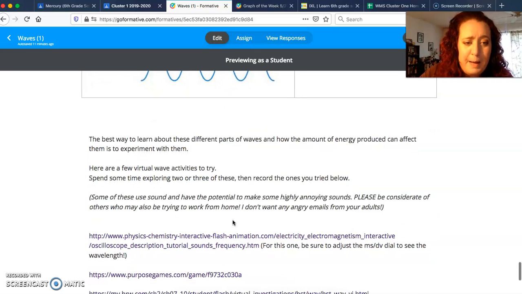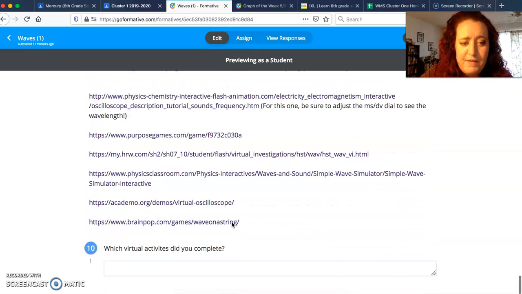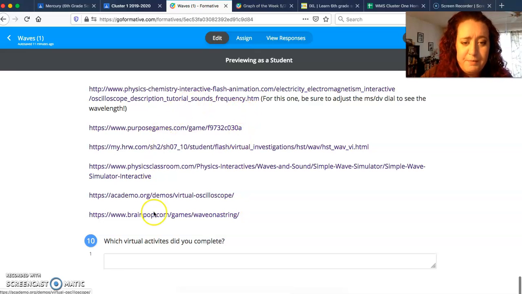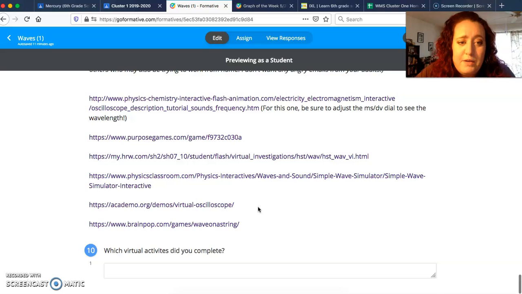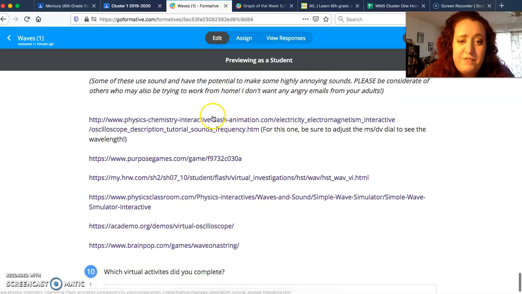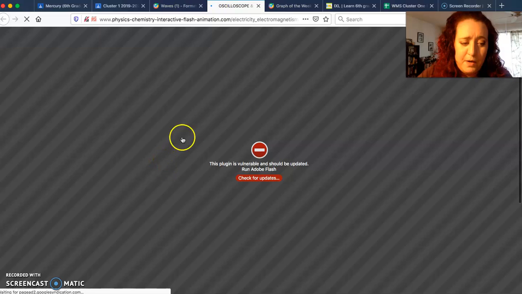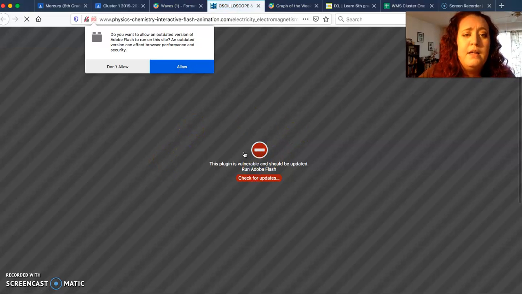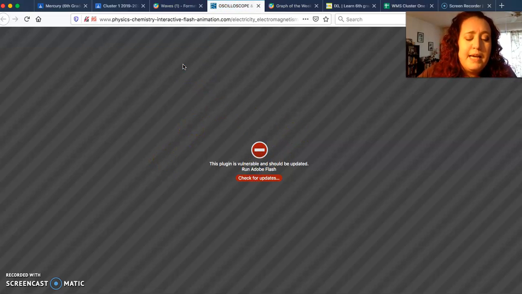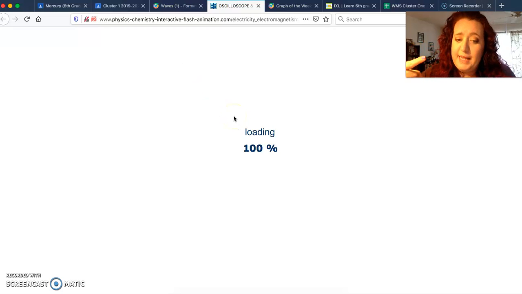And as part of your Go Formative, there's a lot of activities that you can do and play around with that allows you to kind of explore this. This very first one, I want to just show you quickly because it really helps you visualize it.